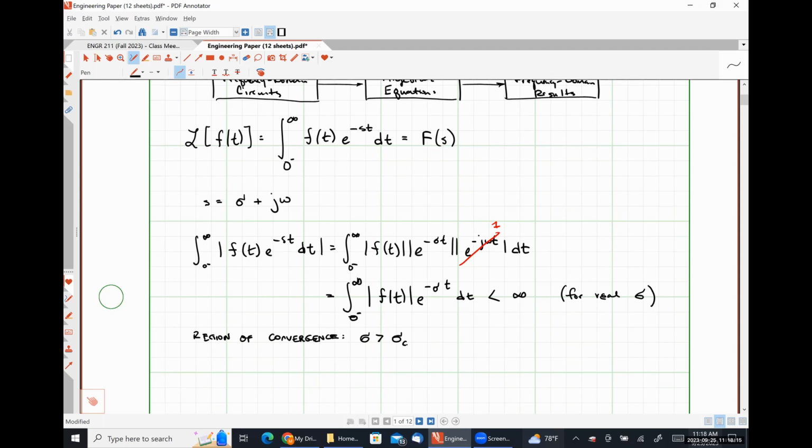So, luckily for us, practically all physically realizable signals and systems will obey this. So everything that we can create in a lab should have a Laplace transform.